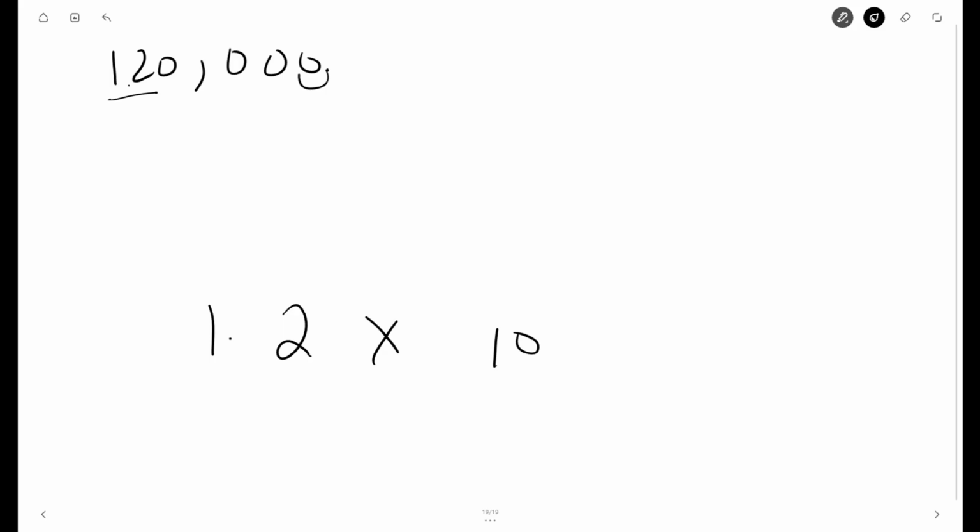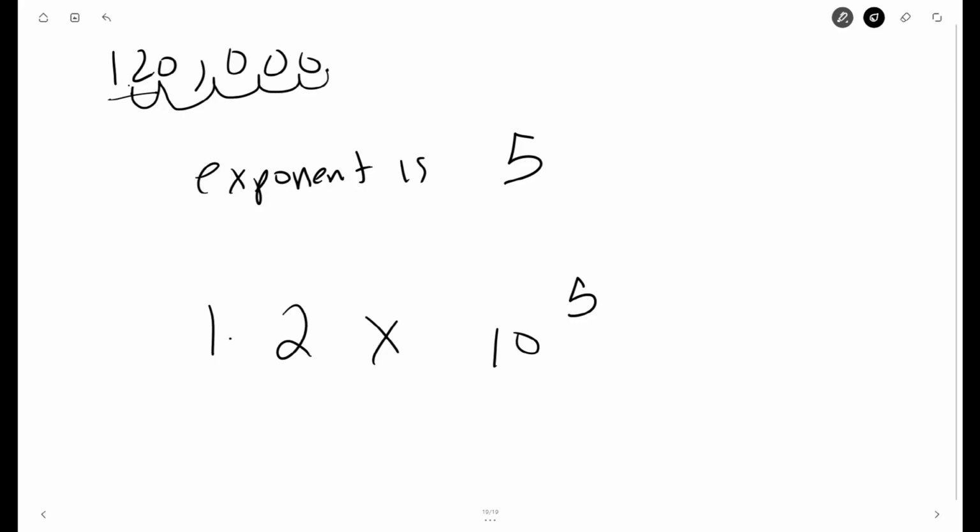It would be 1, 2, 3, 4, 5. So the exponent is 5, and it is positive, so it would be 1.2 times 10 to the 5. So this will be in standard form. This is our answer.